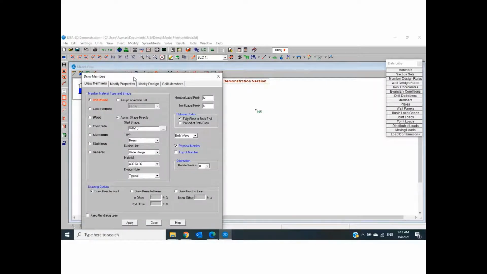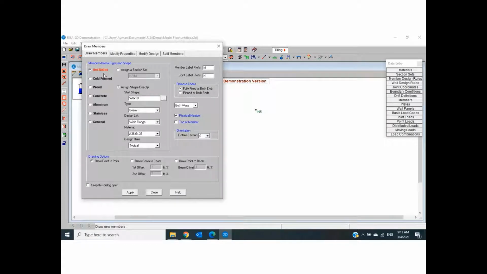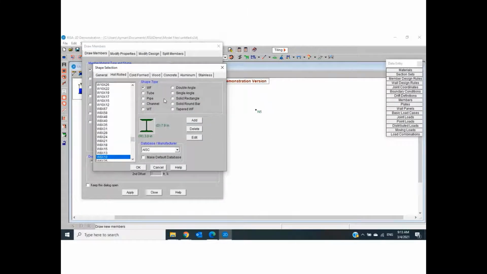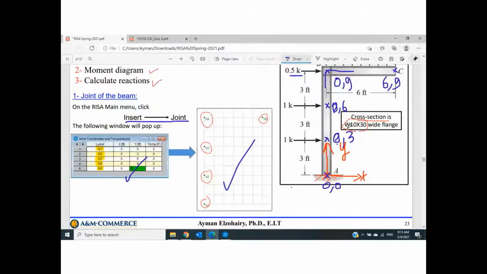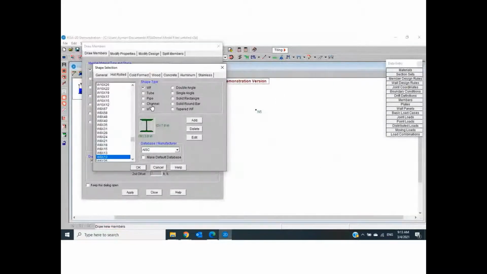Both of them works. The material right now is hot rolled. Push this little icon and go ahead and select. Just to remind you, the cross section is wide 10 times 30. Okay, go ahead and select wide flange, WF.